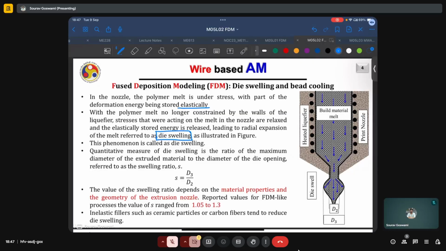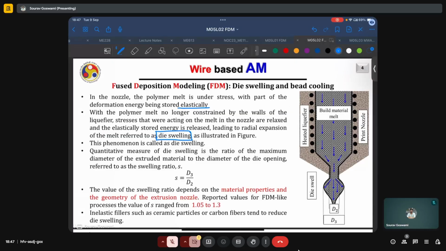The constraint from all the surrounding walls is released, and so the elastic energy can no longer be contained. It must be released, which leads to swelling of the polymeric droplet to a diameter d3, which is typically greater than d2.